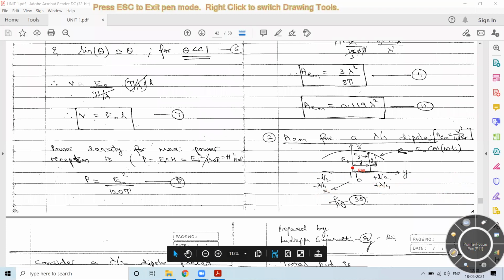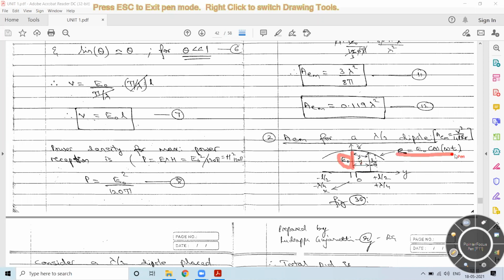And here we are considering that the maximum field is around E naught for the sinusoidal distribution. Based on this, I can represent this electric field in this form, that is E naught cos omega t. Now I represent this parameter omega t in terms of known parameters, say y and lambda, the operating wavelength.